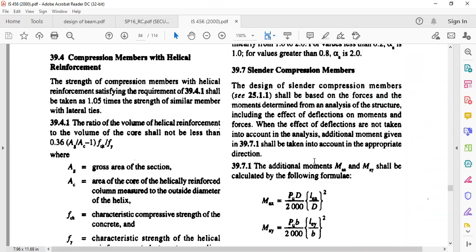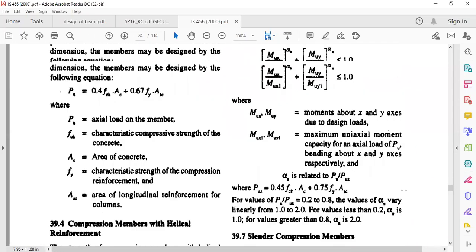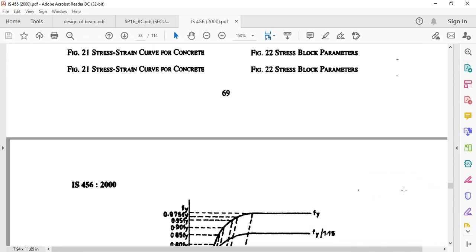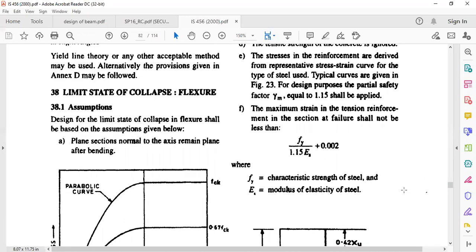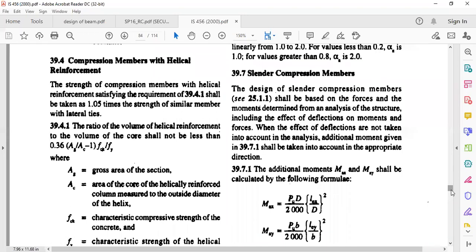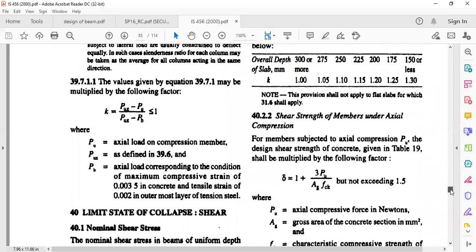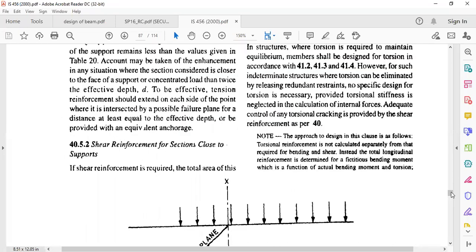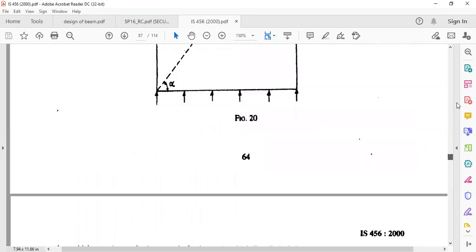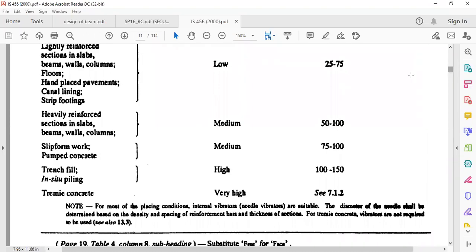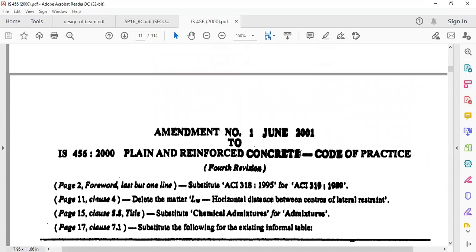This was the limit state theory part that we have mostly covered: the general assumptions, and the assumptions related to the other theory. Now if we look from the starting, we will be able to understand what this basically consists of.